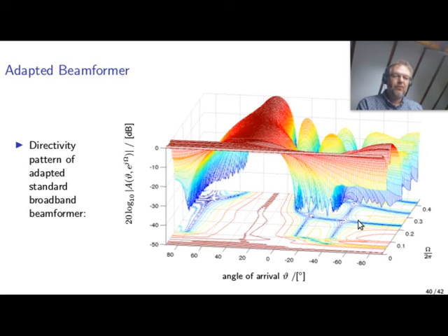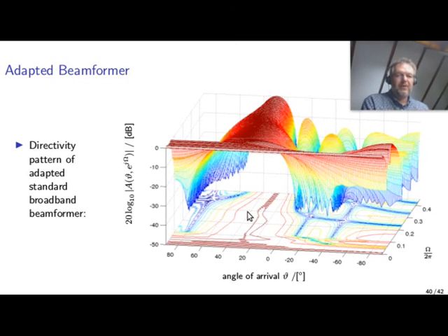We also impose the same nulls for the interferers, but you see that the ripple structure here in the look direction of the beamformer is a bit different to what we had for our proposed solution.